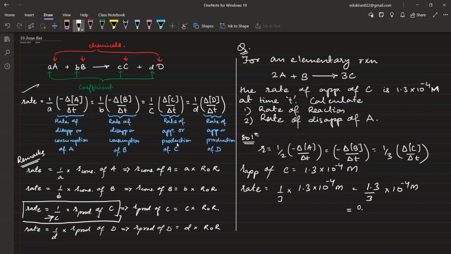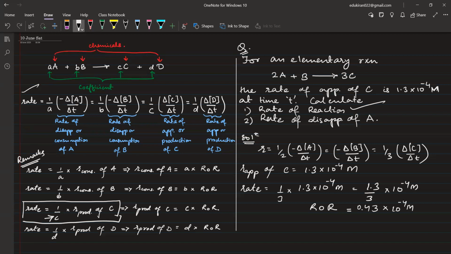After putting a decimal point, you will have 3 4s are 12, 0.43. And then 3333 will be continuing. You will have 10 to the power minus 4 molar. This is my rate of reaction. आसानी से निकला rate of reaction.